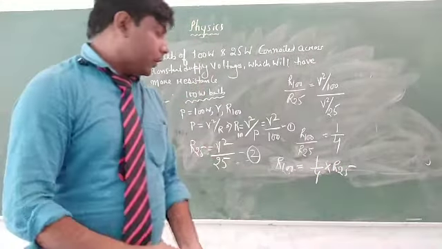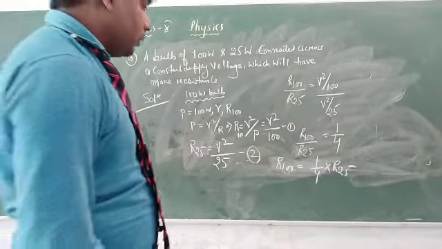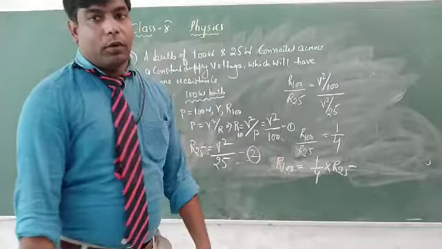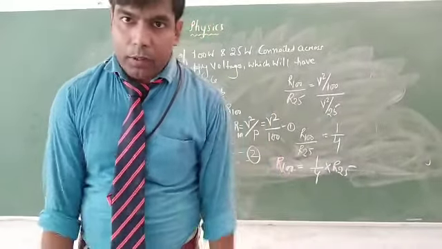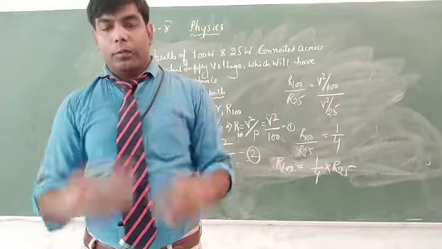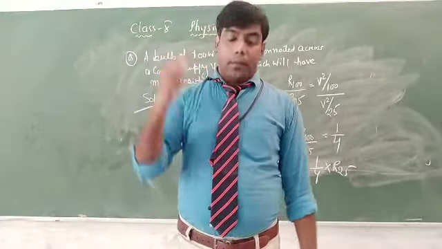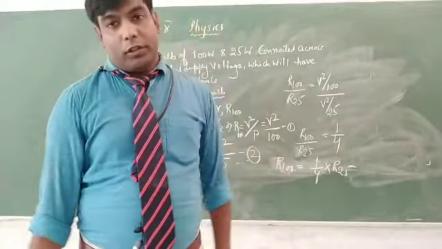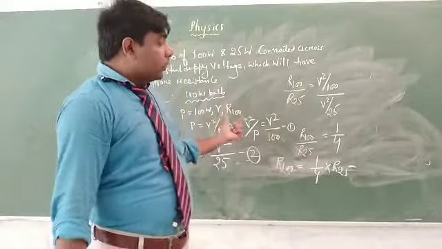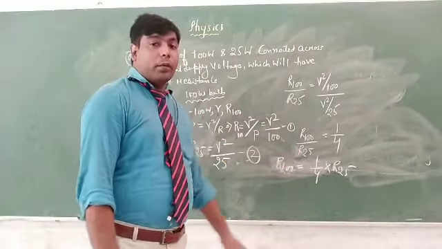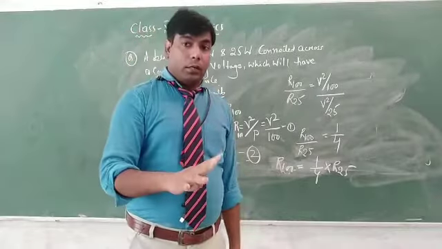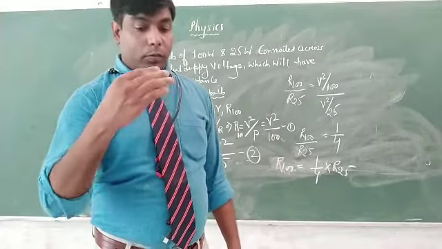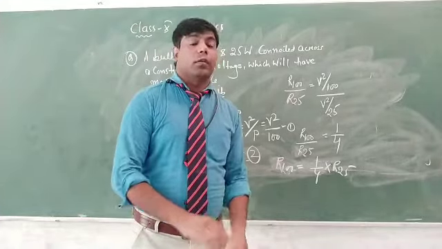See, the resistance of the 100 watt bulb will be 4 times less than the resistance of the 25 watt bulb. That is, the bulb which has more power rating will have less resistance, and the bulb whose power rating is less will have more resistance, right? So according to this question, resistance of the 25 watt bulb will be 4 times greater, or in reverse you can say, the resistance of the 100 watt bulb will be 4 times less than the resistance of the 25 watt bulb, right?